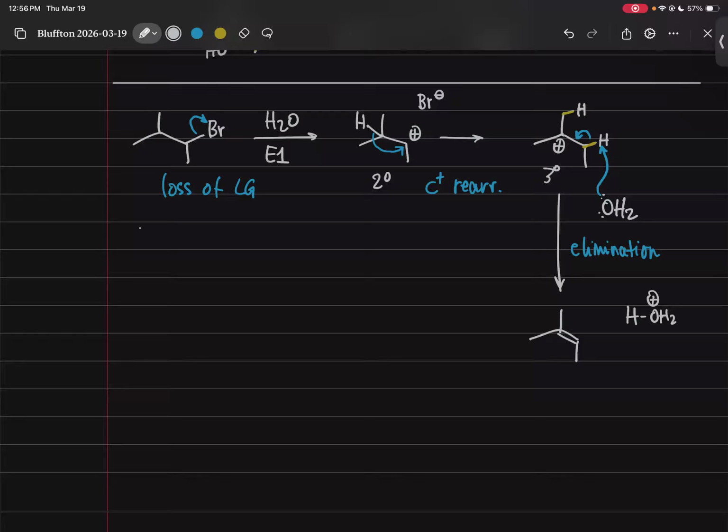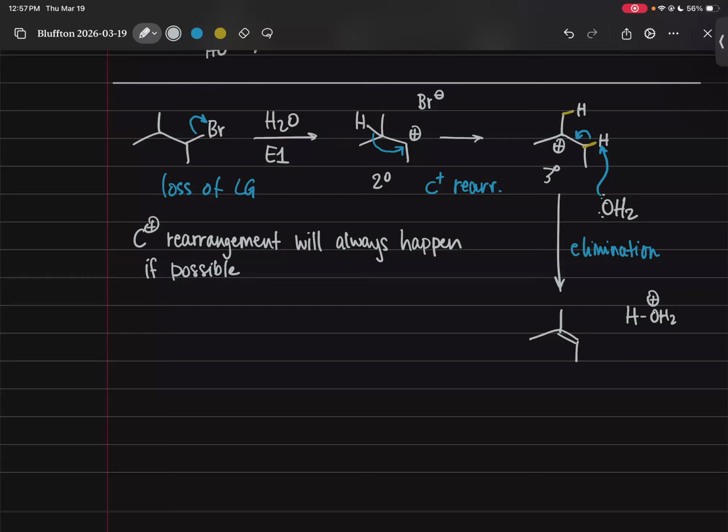In other words, the carbocation rearrangement will always happen if it's possible. And as soon as it becomes possible, it will happen.